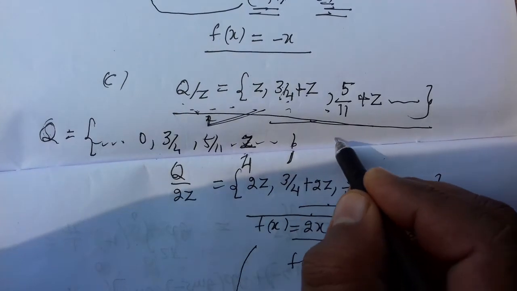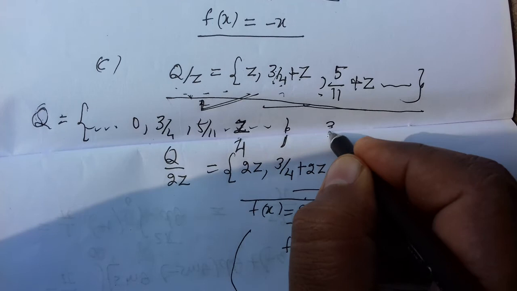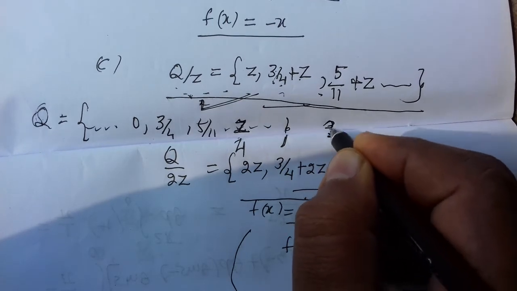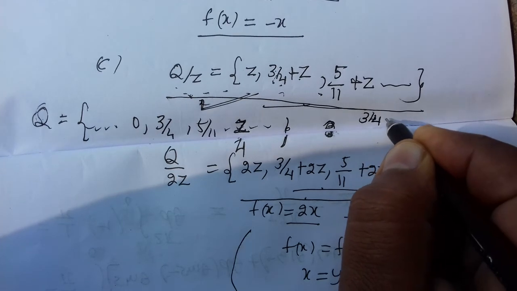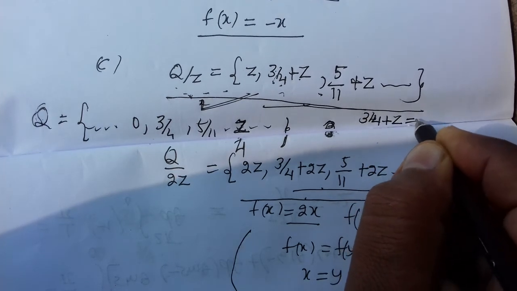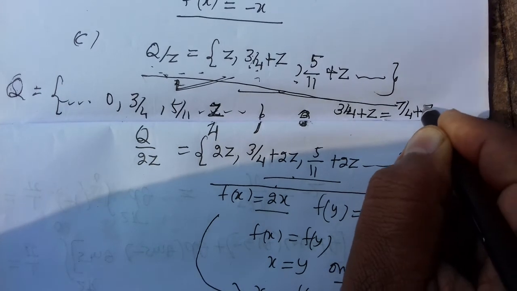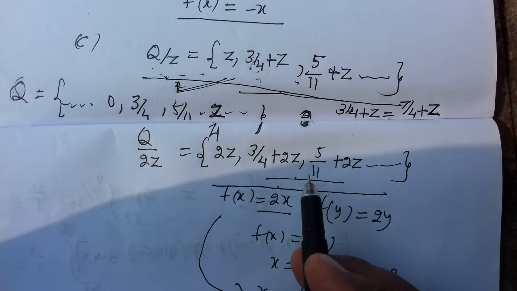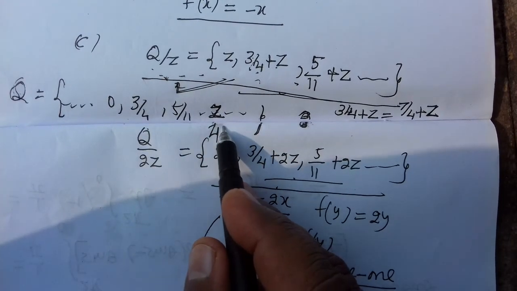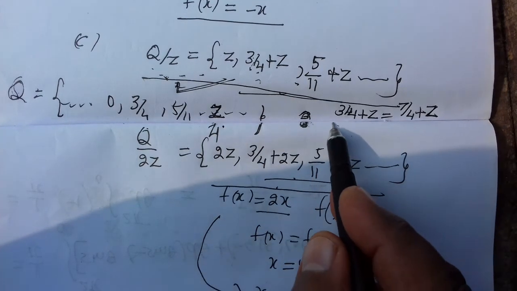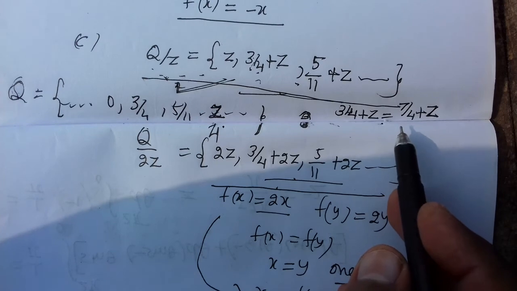But if you find 3 by 4 plus Z, then you will see that 3 by 4 plus Z is equal to 7 by 4 plus Z. So finally we see that 3 by 4 and 7 by 4 are different rational numbers, but here 3 by 4 plus Z and 7 by 4 plus Z both are the same.